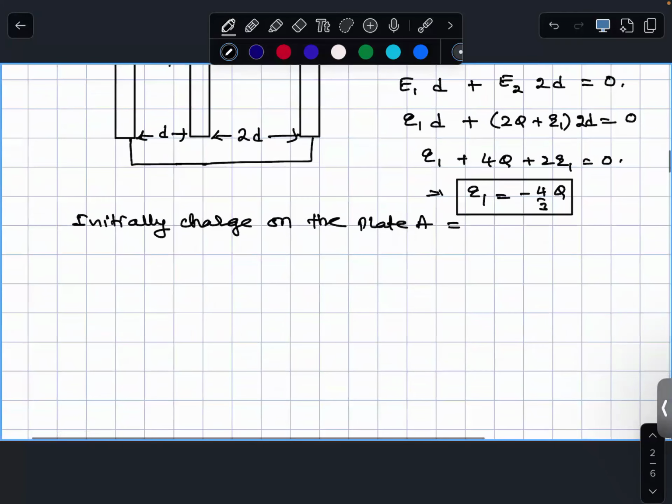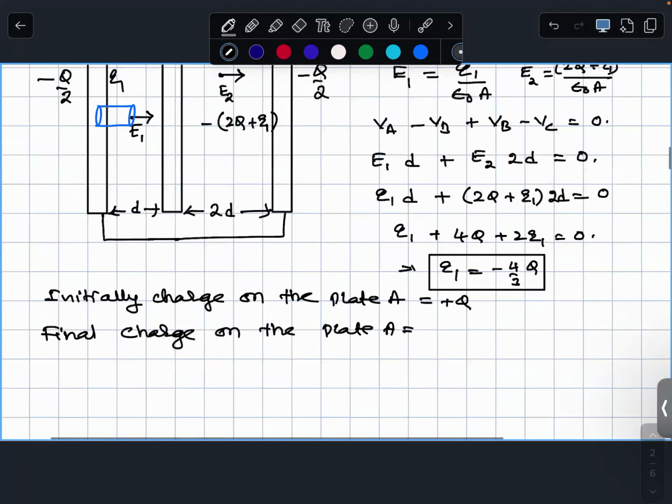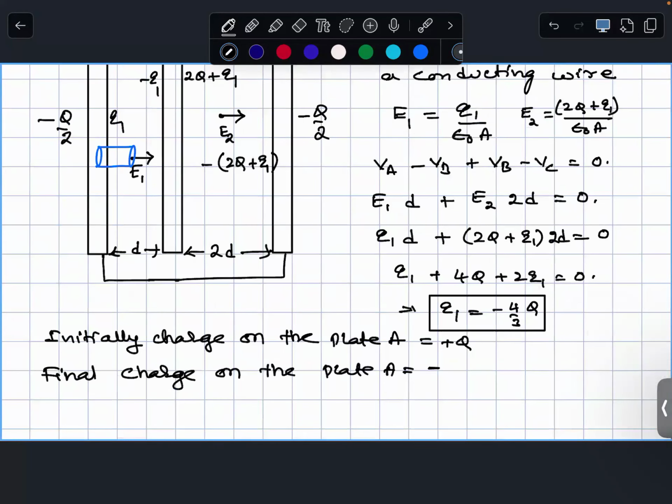Plus Q. Final is equal to minus Q by 2 plus 11Q by 6.